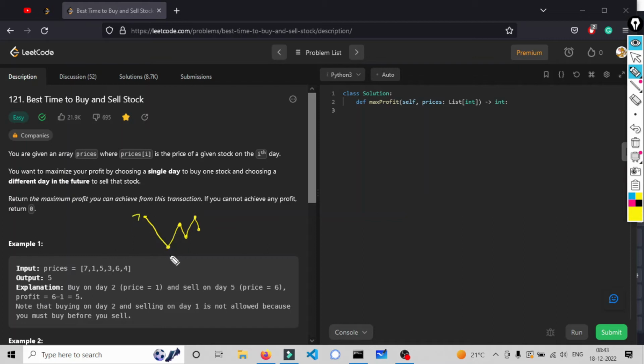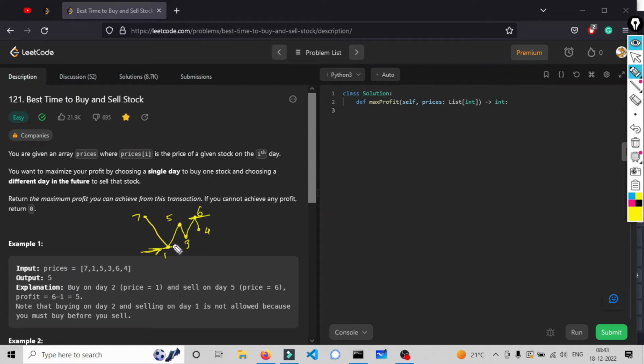So this is 7, this is 1, this is 5, this is 3, this is 6, and this is 4. If you have noticed, this is the lowest price, and after it, what is the highest price? After this lowest price, the highest price is 6, right?